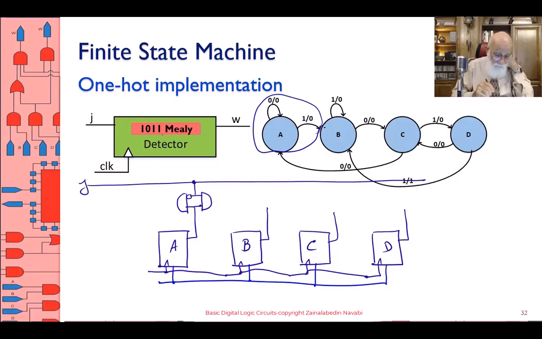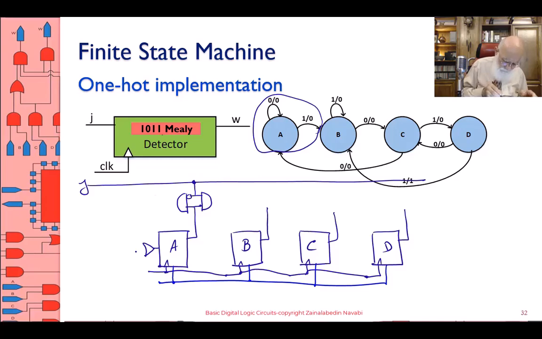But then I look at the state A, I see that there are several possibilities that I go to state A, and therefore if I just put this into state A, then somebody else wants to come into state A, and then I have problems. So what I do, I will think ahead and say, well, why not I put an OR gate here?